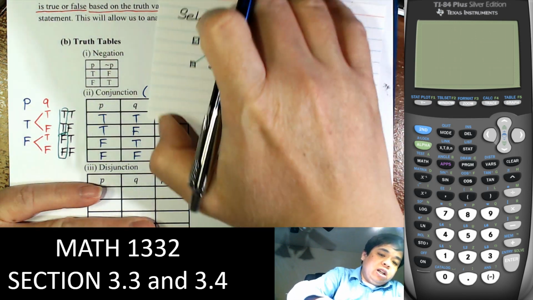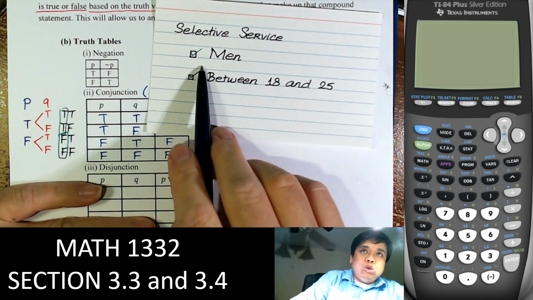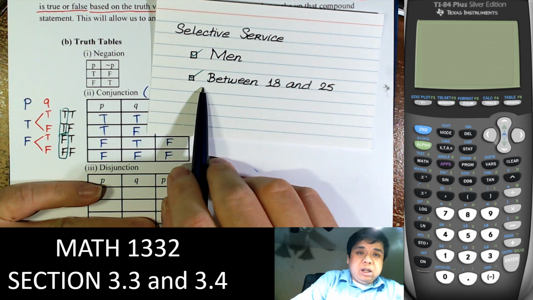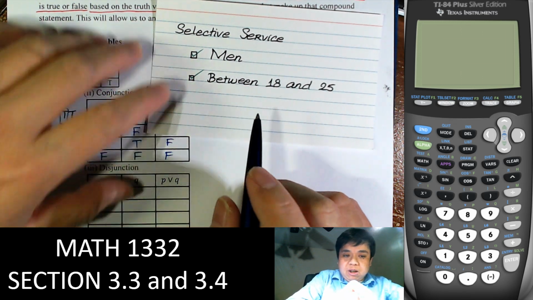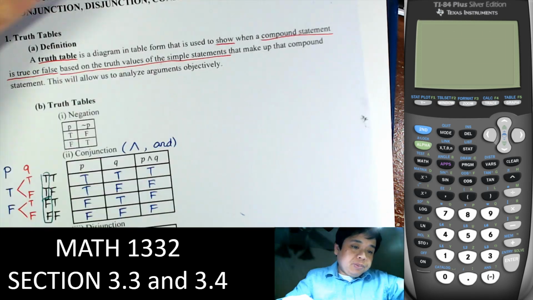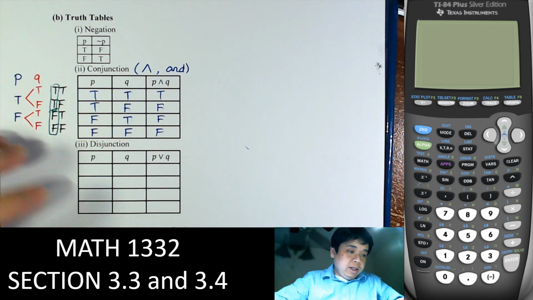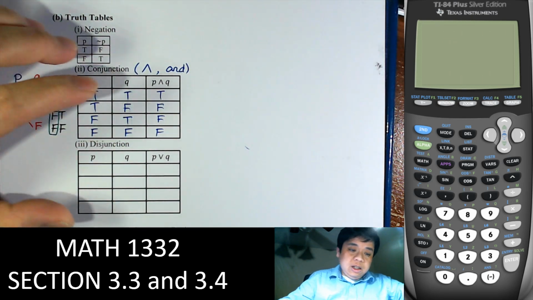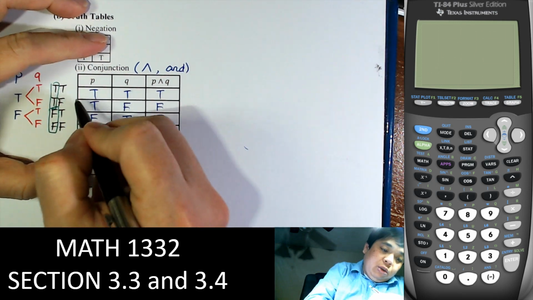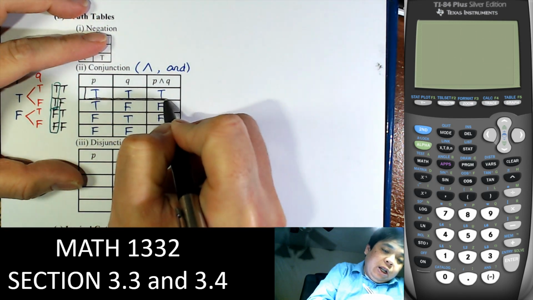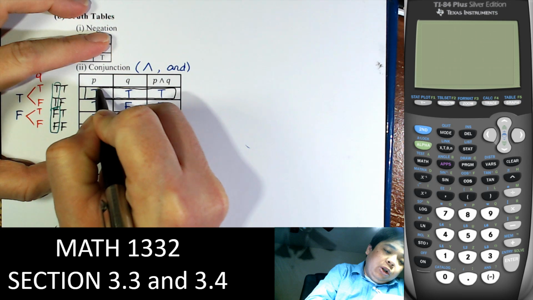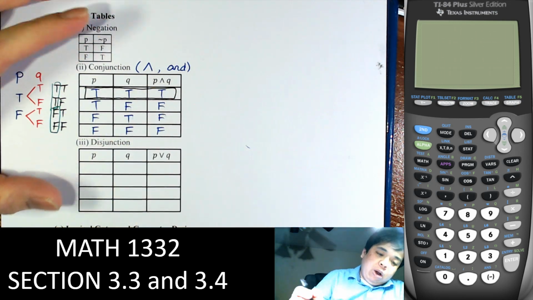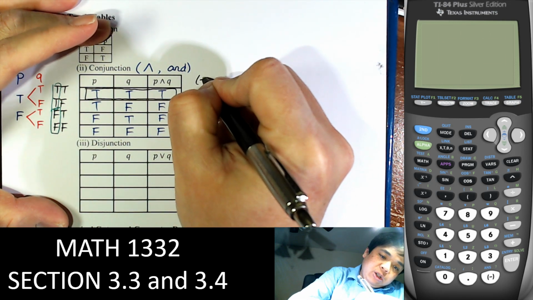So technically, if you only check one box, you will not be in the selective service registry. Now, to memorize this, it's true when both are true and false everywhere else. So write this little note.